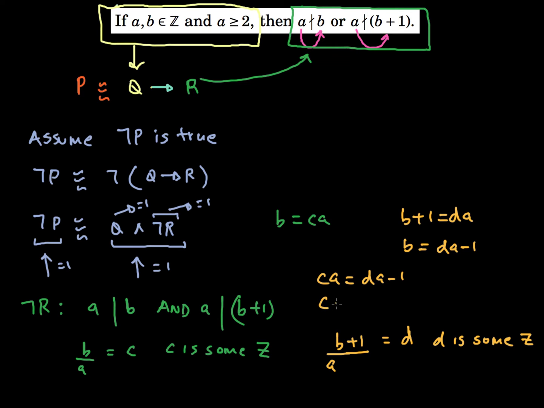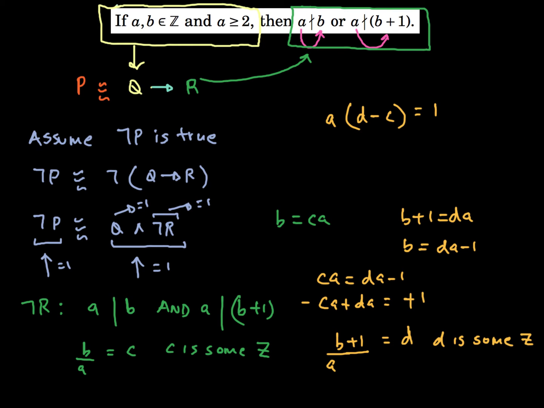Finally, making A the subject, I get A times D minus C equals 1.